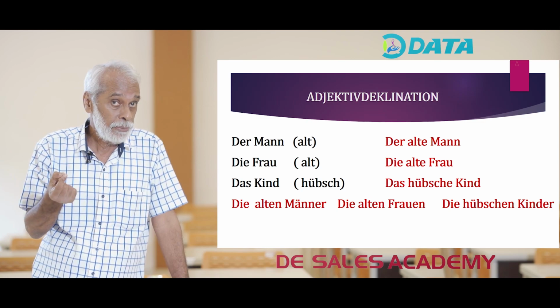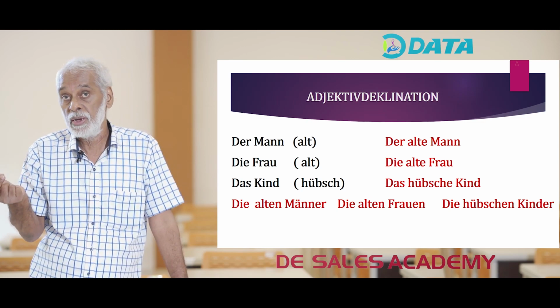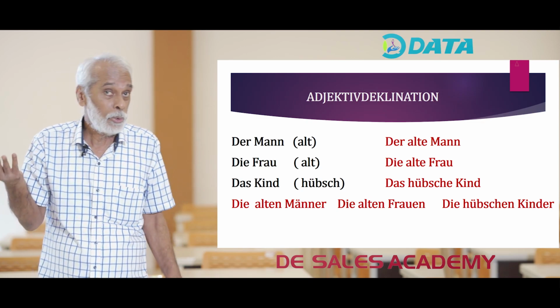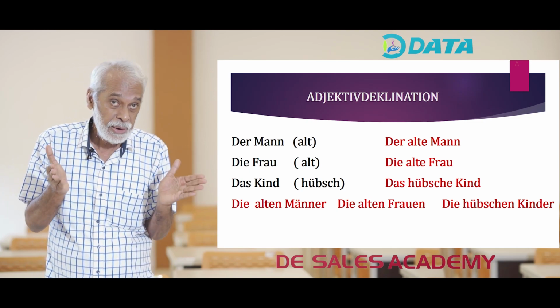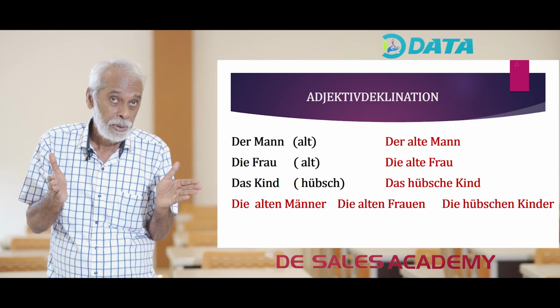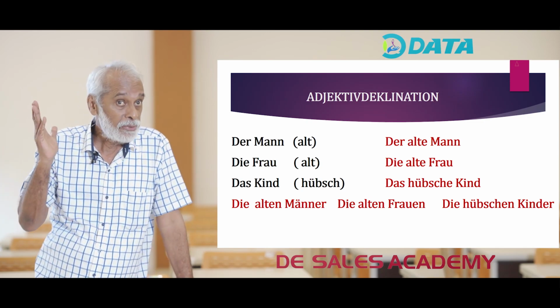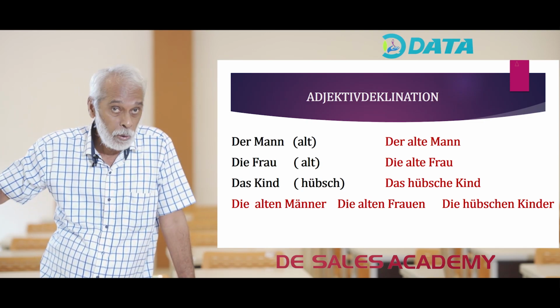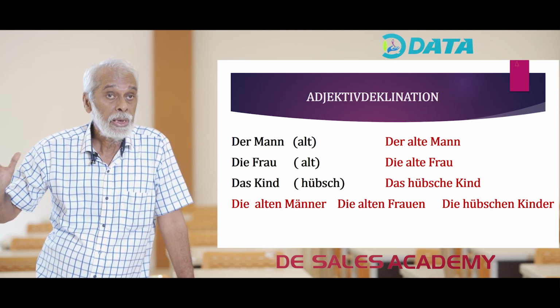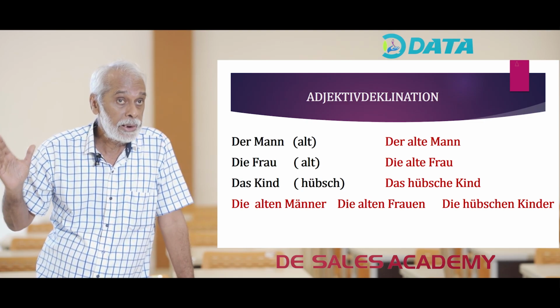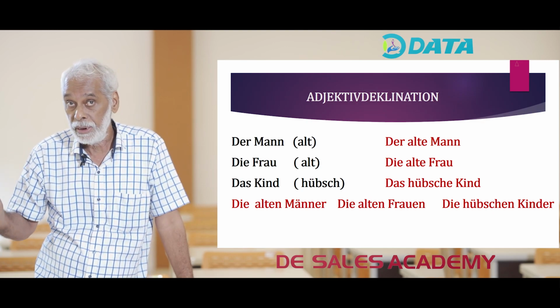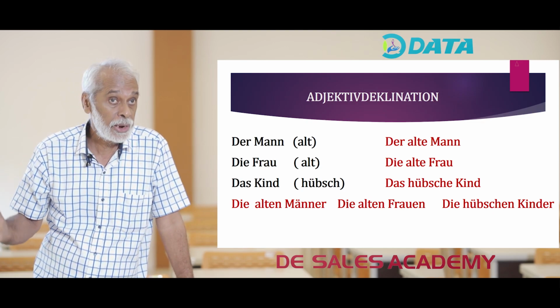Das Kind, das hübsche Kind. What do you note? Definite article singular, the ending is e, and we have said already the plural form is always en. Die alten Männer, die alten Frauen, die hübschen Kinder.